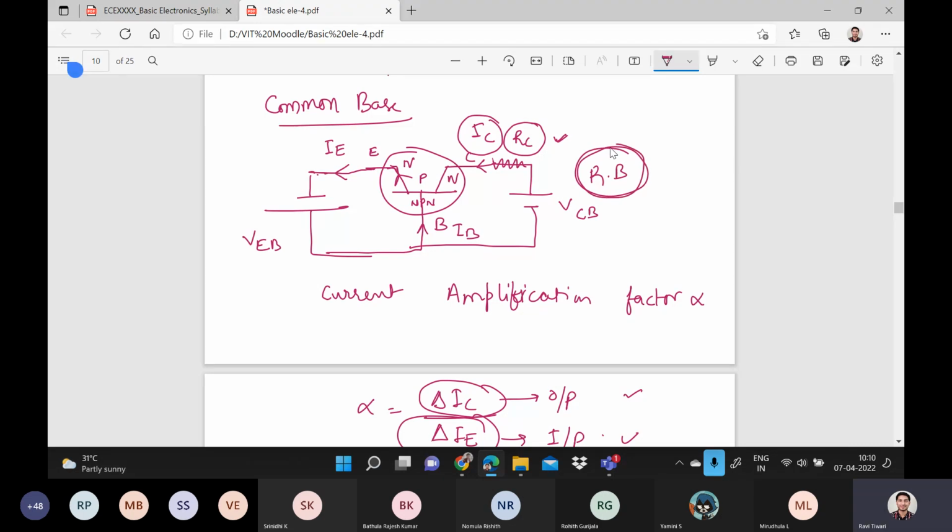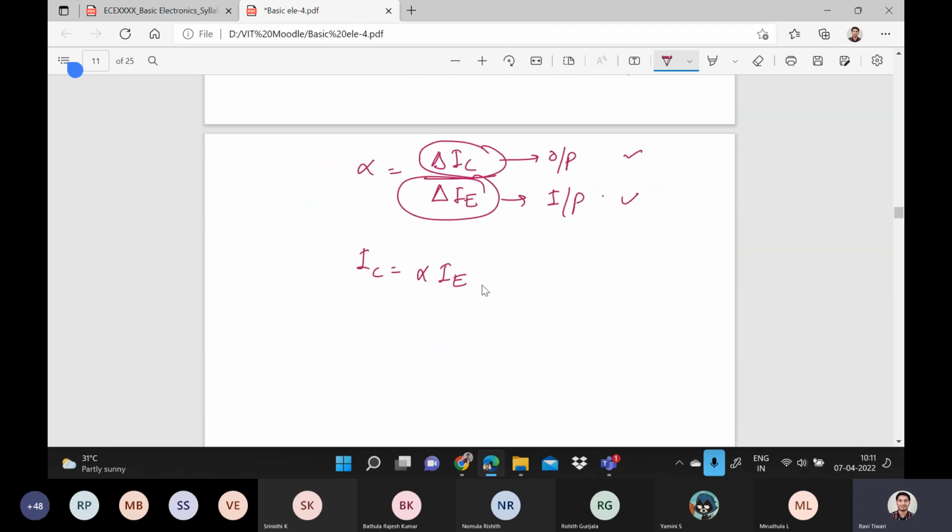The current will flow because of minority carriers. In the case of reverse bias, because of the high width of the depletion region, only the minority carrier current will flow, and that is actually the leakage current. So here some leakage current also flows.